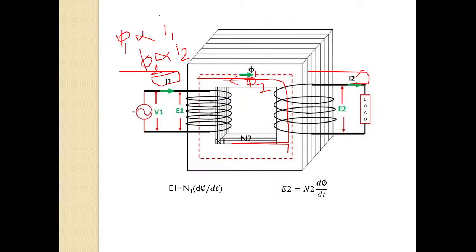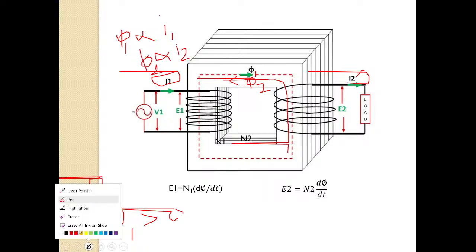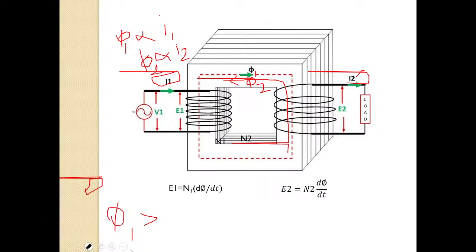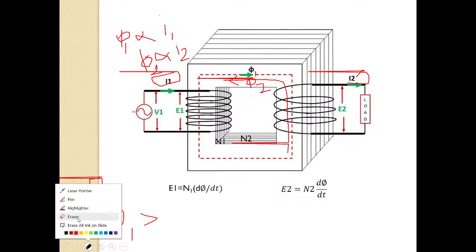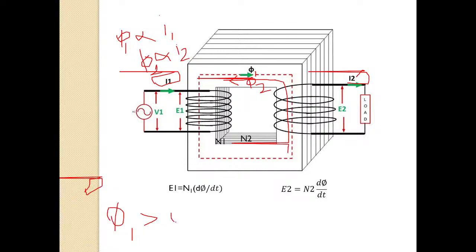Now, these two fluxes are opposite to each other. Therefore, whichever is the majority will be the supply current flux, which means phi 1 will definitely be greater than phi 2.